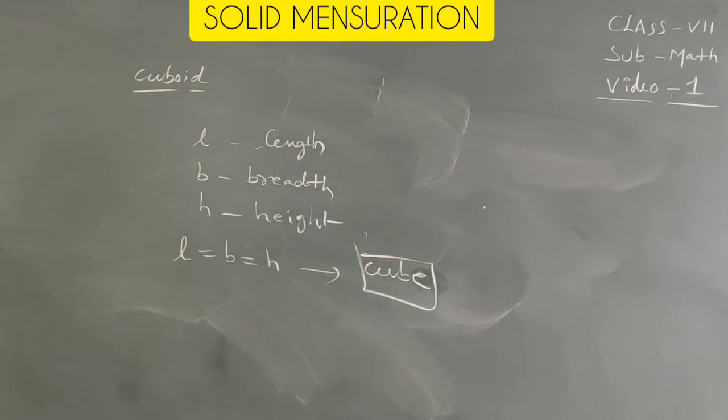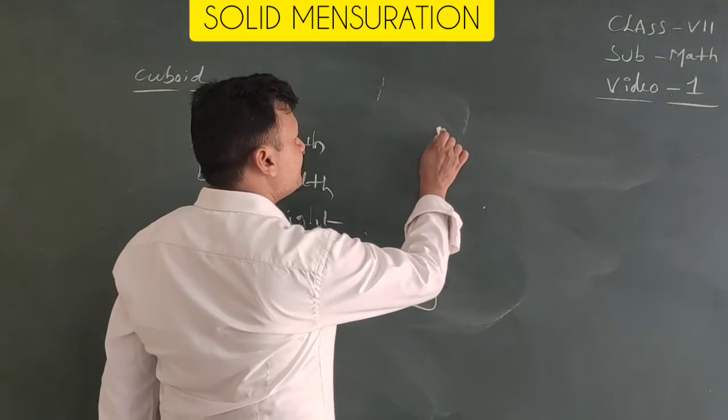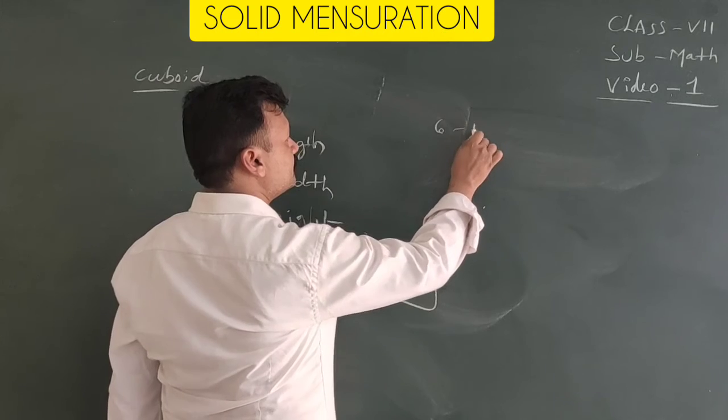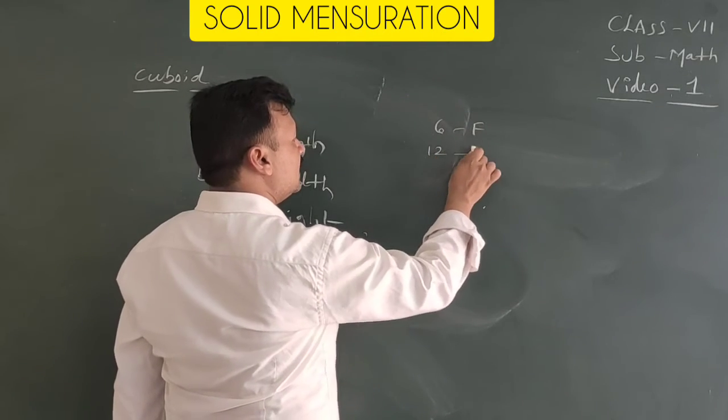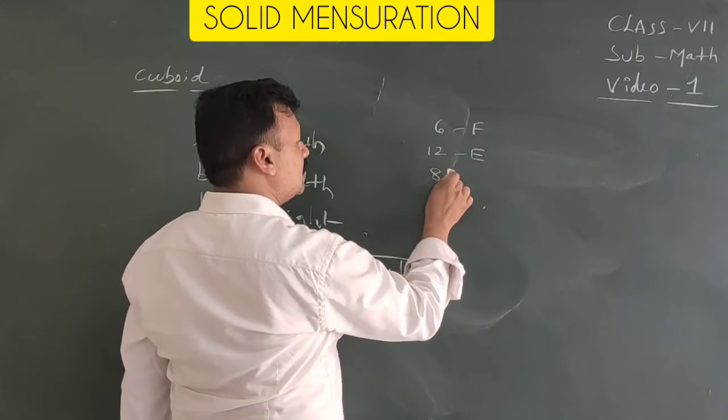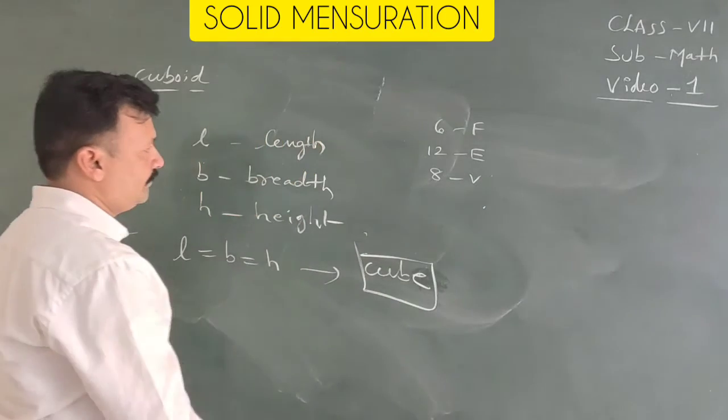So a cube also has these 6 faces, 12 edges, and 8 vertices.